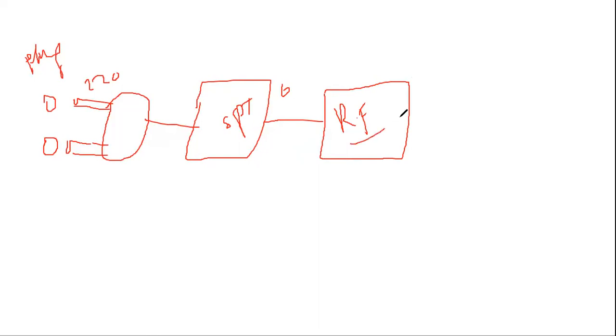Generally we use bridge rectifier. And the output of the bridge rectifier, for example, this is the input. So this is the AC, and the rectifier output is like this. You know this is pulsating DC.